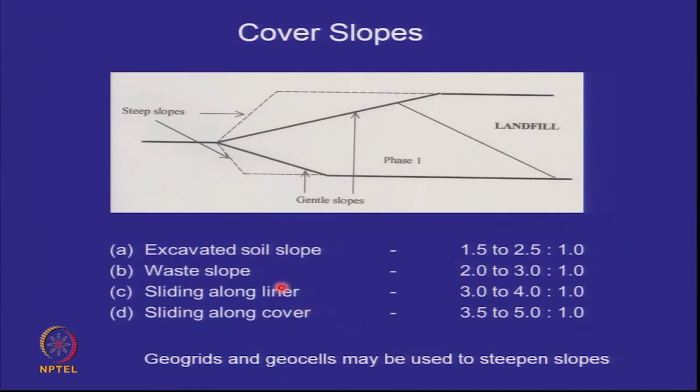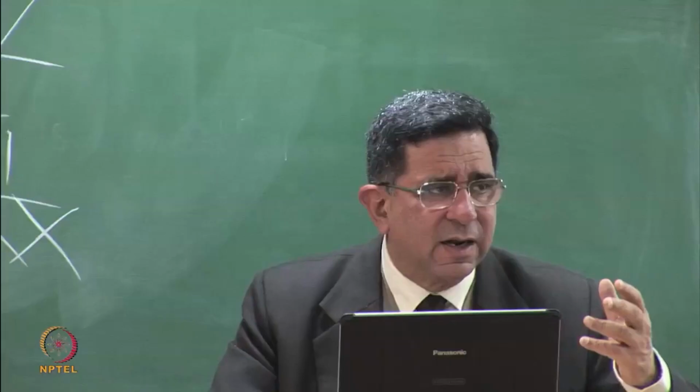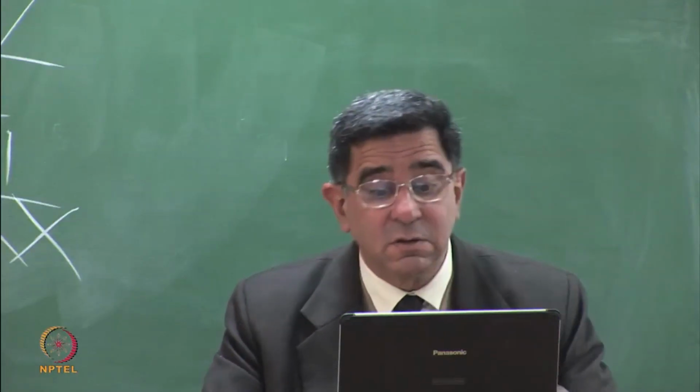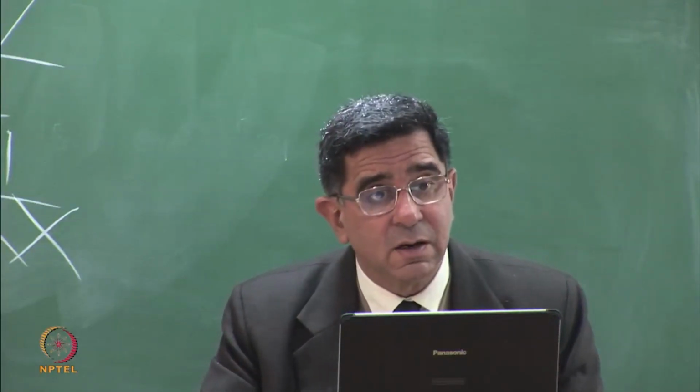But along the liner and along the cover, the slopes are even more gentle. If you look at the cover, we are talking of slopes of 3.5:1, 5:1, very flat slopes. So you wonder, what are these geotechnical engineers doing that they can't make this 1:1, the traditional slopes which you have in soils, 1.5:1.